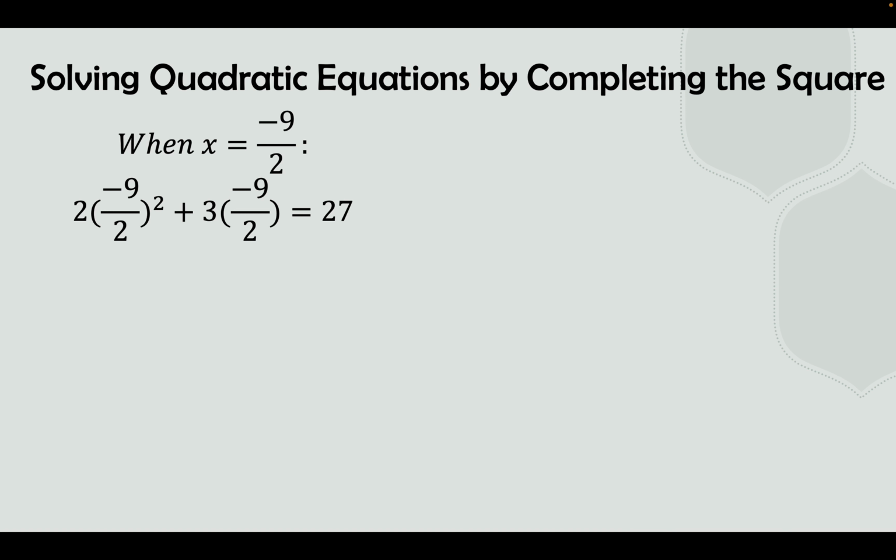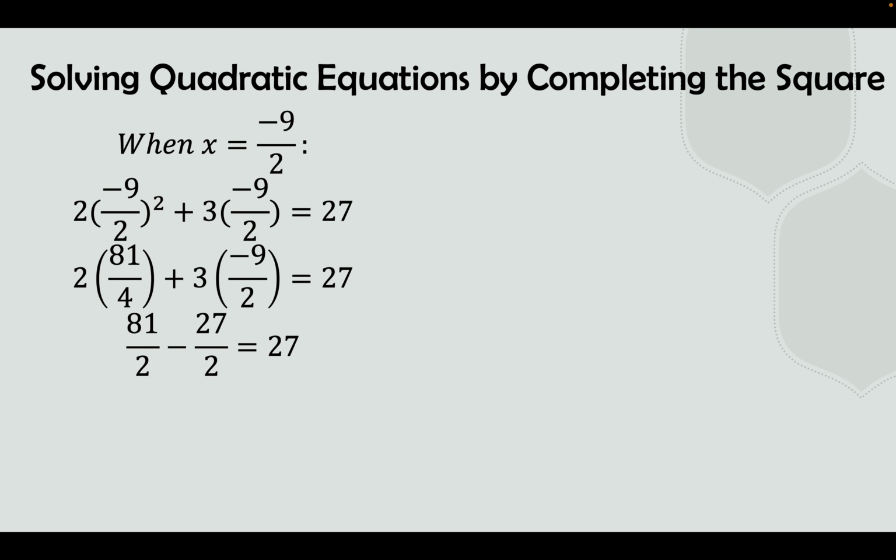So when x is equal to negative 9 over 2, we have 2 times negative 9 over 2 squared plus 3 times negative 9 over 2 equals 27. Negative 9 over 2 squared, that is 2 times positive 81 over 4 plus 3 times negative 9 over 2 equals 27.